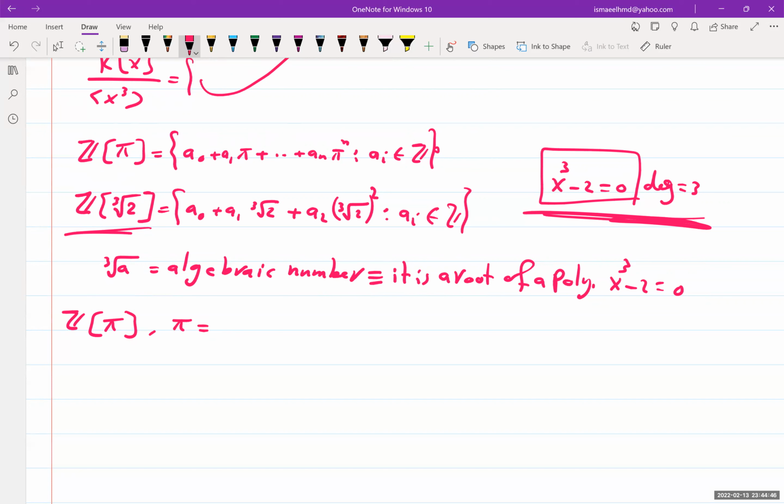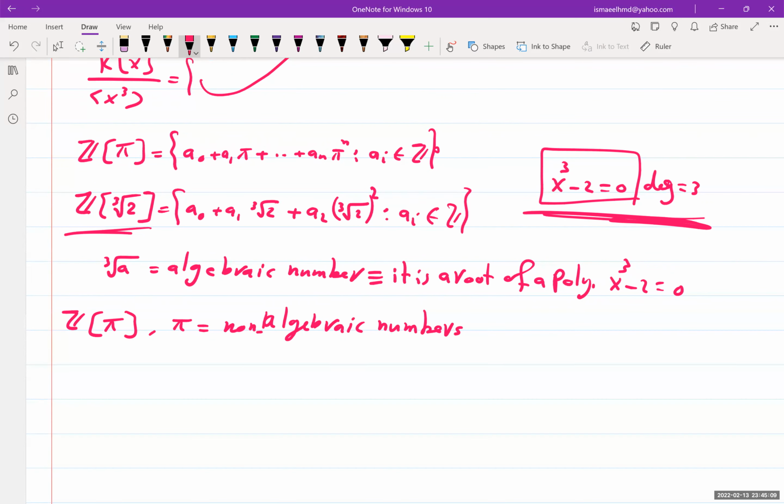Pi is a non-algebraic number. So we deal with non-algebraic numbers as an indeterminate, like x.